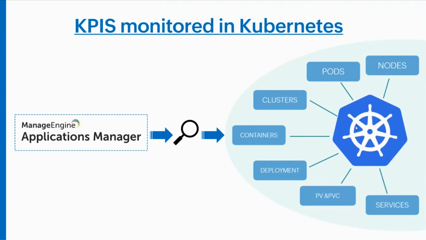Monitoring the network traffic between the pods and services in your Kubernetes cluster helps you identify if there's any issue with your network connectivity and helps you optimize your network performance. You can also monitor the deployments, services, and PV and PVCs in your Kubernetes cluster. So let's now shift to the Applications Manager UI to see how we can add a Kubernetes monitor.